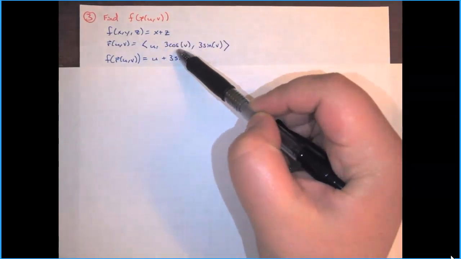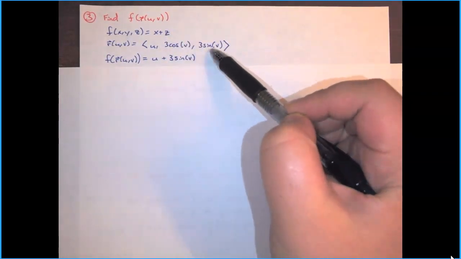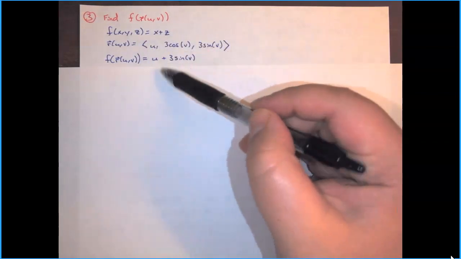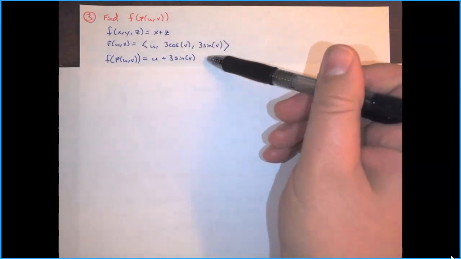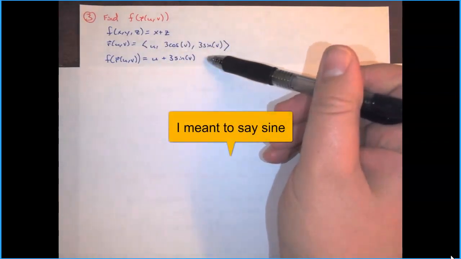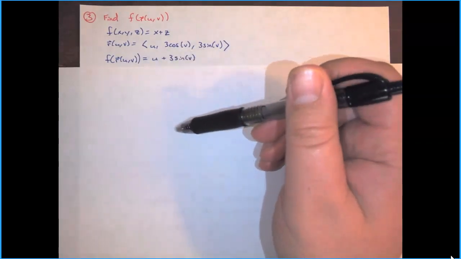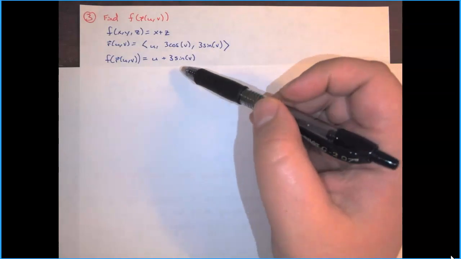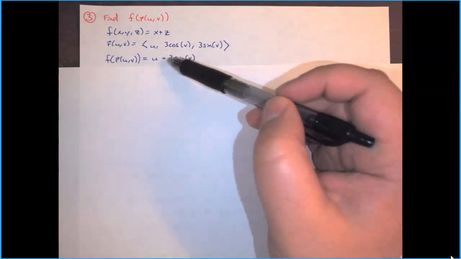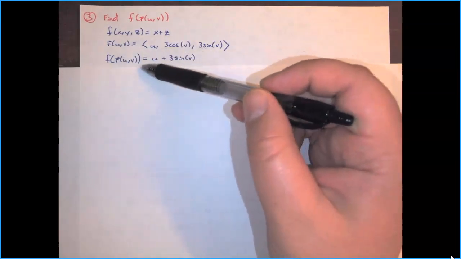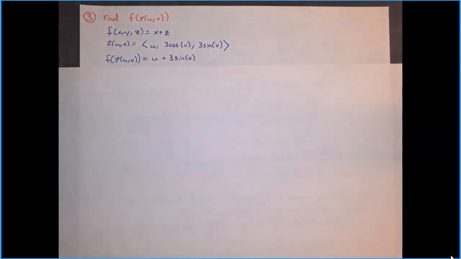Wherever I see a y, I put 3 cosine v. Wherever I see a z, I put 3 sine v. Well, I don't have any y's. It's just x plus z. So my function on the surface is u plus 3 sine v. If you let u go from 0 to 4 and v go from 0 to 2 pi, these give you the values of this function f on that surface.